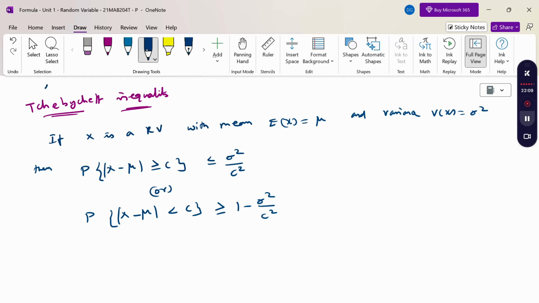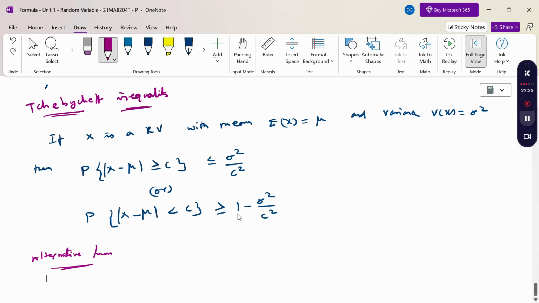So this formula is mainly focused on finding the maximum upper bound, this is a lower bound, or the alternative form.